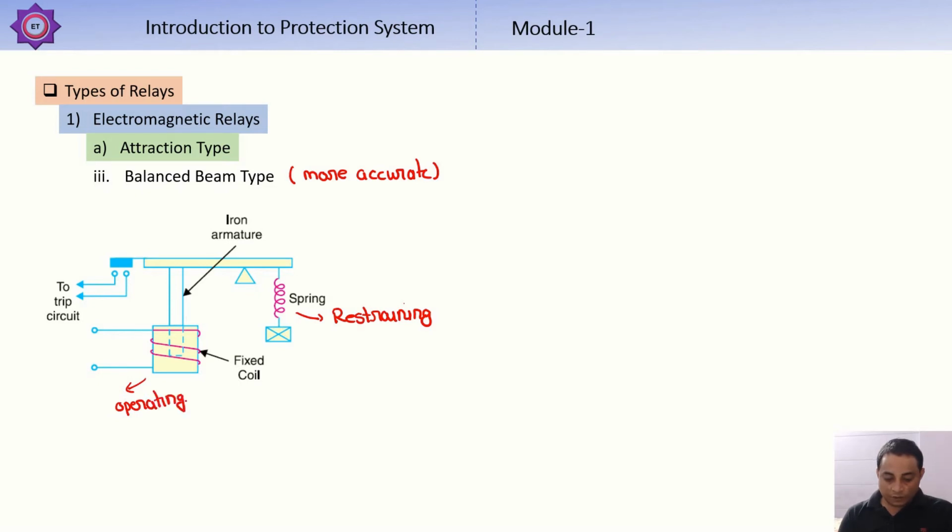When current flows in the coil, the core gets magnetized and if the electromagnetic force is greater than the spring force, then the plunger shifts downward and shorts the trip circuit contact. As a result, the circuit breaker opens its contact.